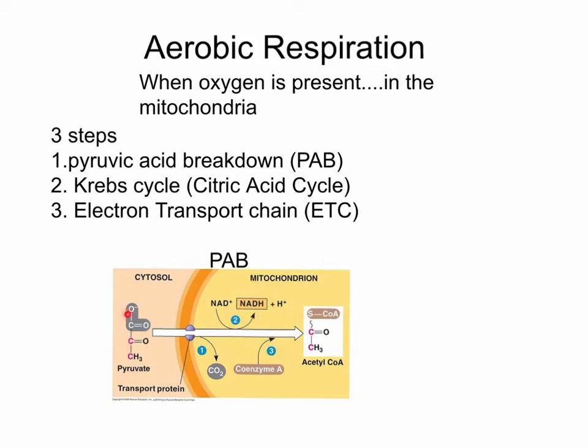So you have pyruvate. The pyruvate goes through a little protein and into the mitochondria where aerobic respiration is going to occur. On your notes, steps for aerobic phase, letter A says it begins with glycolysis. We just talked about that, so you start with your pyruvate. Then B says the pyruvic acid produced during glycolysis is transported into the cristae of the mitochondria.